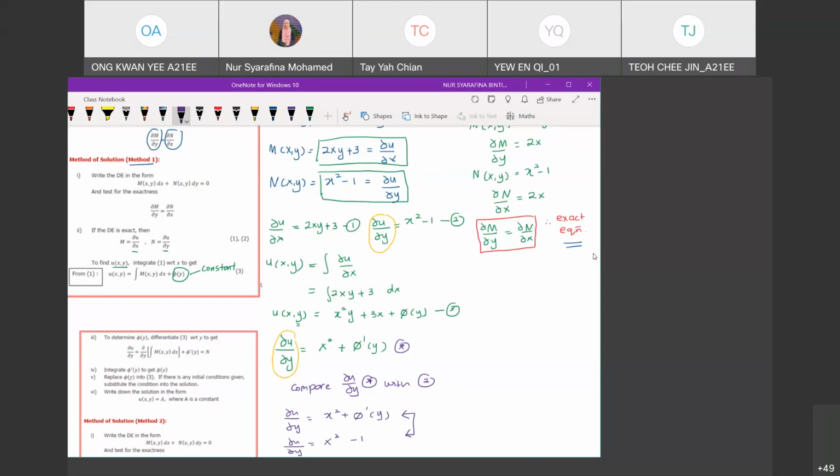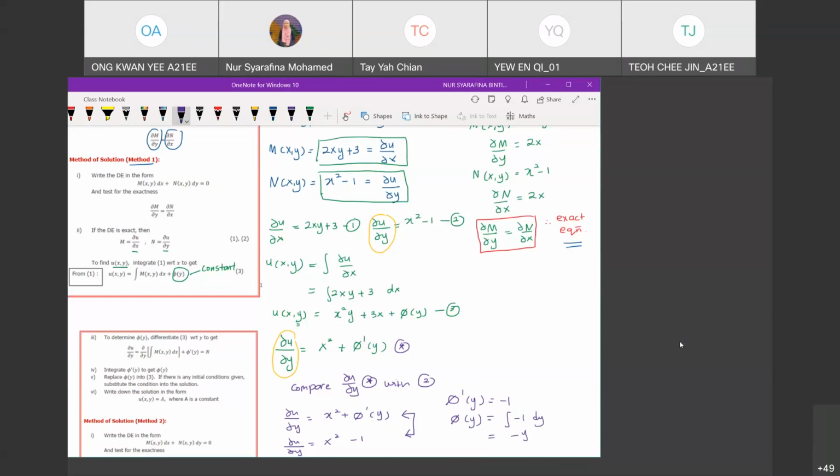Psi prime y equals to -1. So if psi prime y equals to -1, what is psi y? Negative y plus b. Okay, just integrate -1 here with respect to y. So you have negative y.